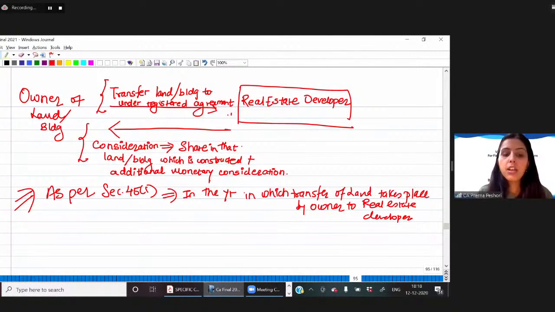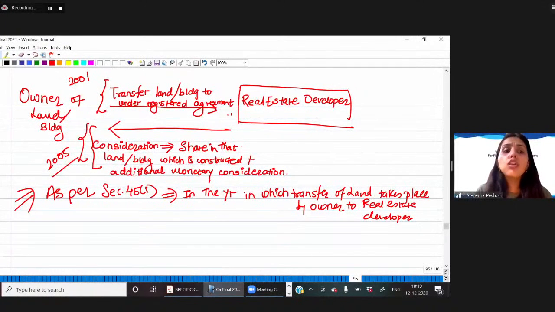Right? But if you notice, will it not cause hardship to the owner of the land or building? Because he will receive this consideration only after a couple of years. So say for example, he has transferred the land in 2001. The consideration might be received in say 2005 because it may take 4 years for the buildings to go on.